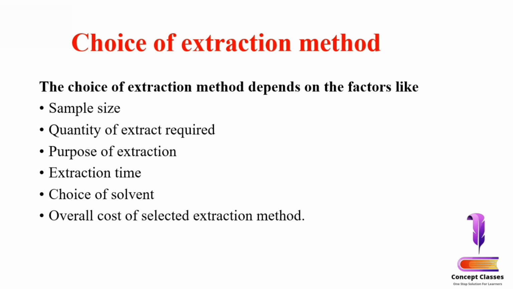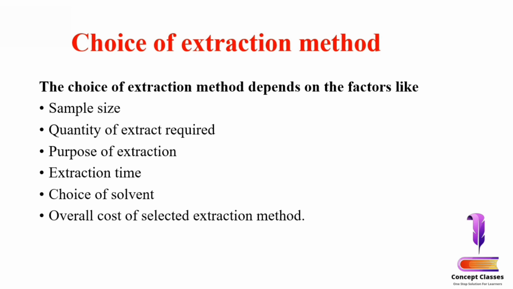It depends whether we are extracting this for some biological activity research, or just for some phytochemical analysis, or we need to isolate some particular compound from those extracts, or we are extracting this for preparatory purpose. That means when we need a high amount of the given phytoconstituents. So depending on this purpose of extraction, we have to choose the extraction method.